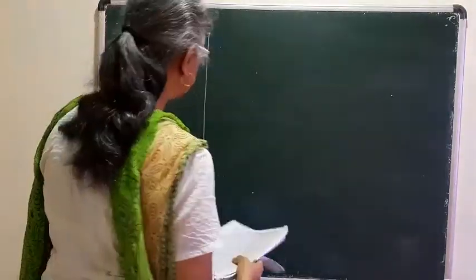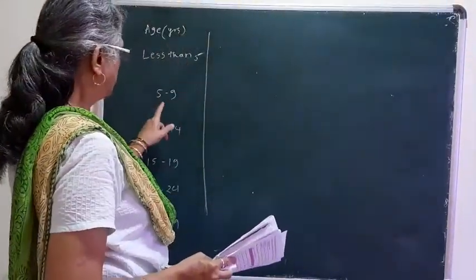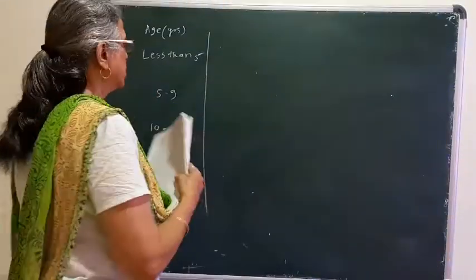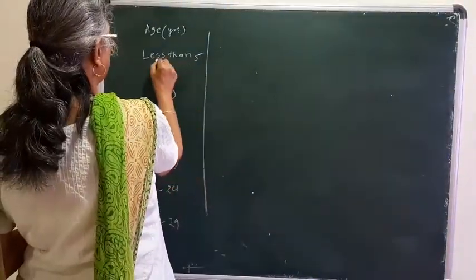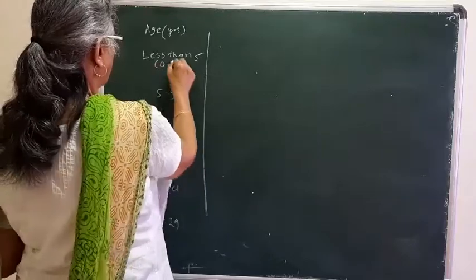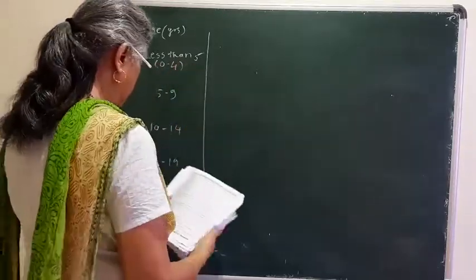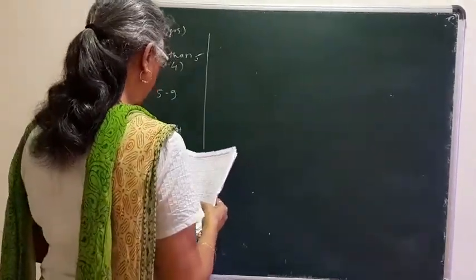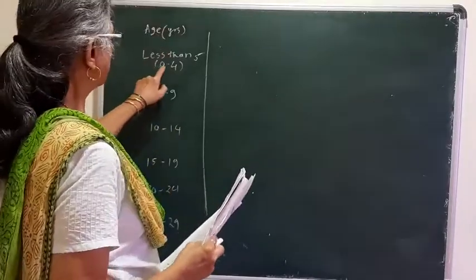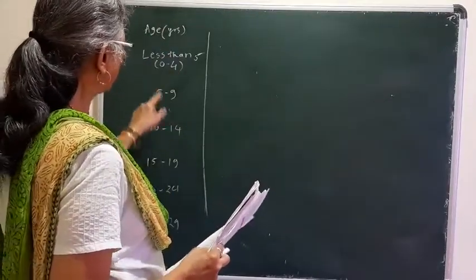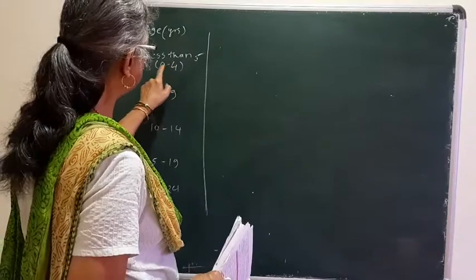So here first they have given less than 5. Here difference is of 4. That means the first class will be 0 to 4 because there is a difference of 4. So we have to start with 0 so that we can have 0 to 4.